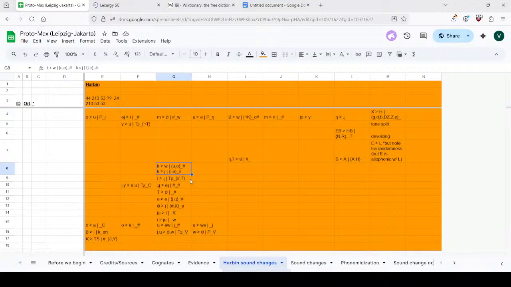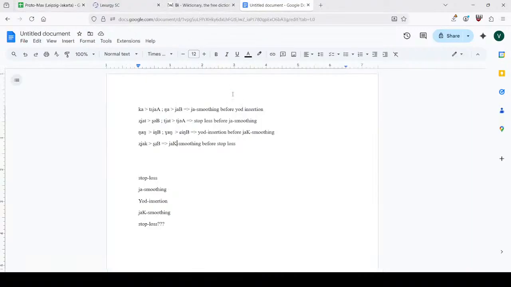That's how we get words like hey for black. And after that, we also have specific sound changes targeting other stops, right? Are there any more rules we can juice from this?